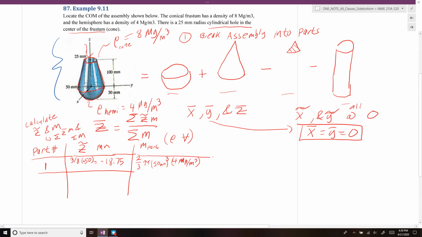If we convert, since 1 megagram is 1,000 kilograms and 1 meter is 1,000 millimeters, cubed, our total mass in kilograms is equal to 1.047 kilograms.